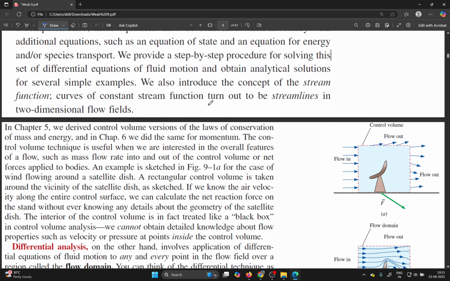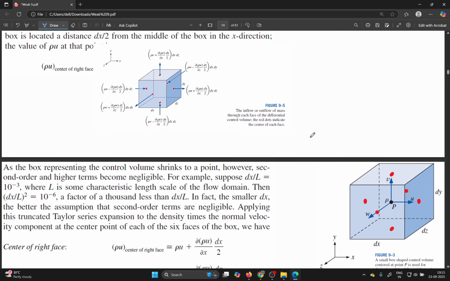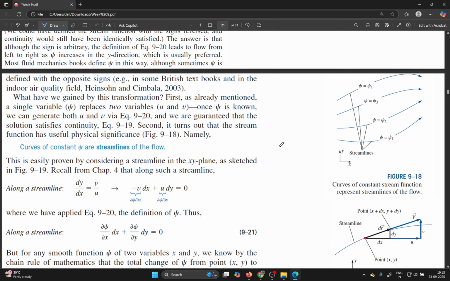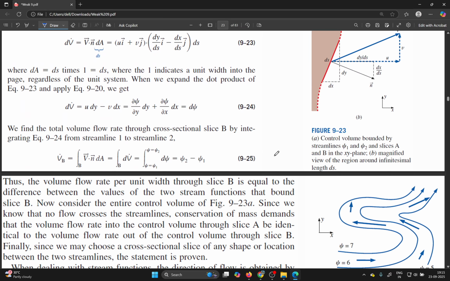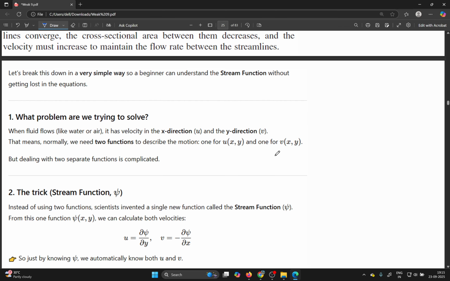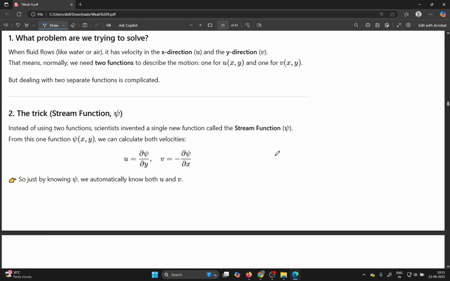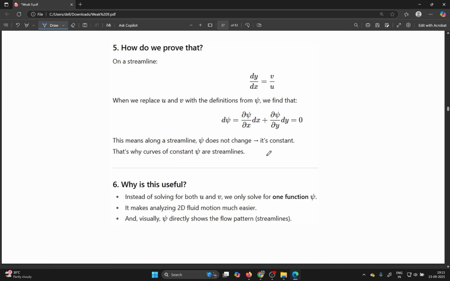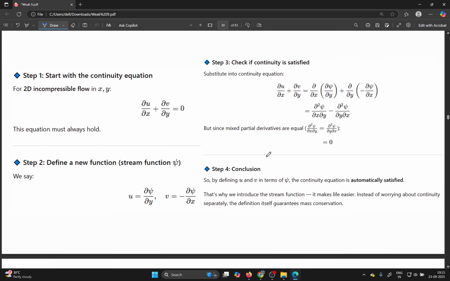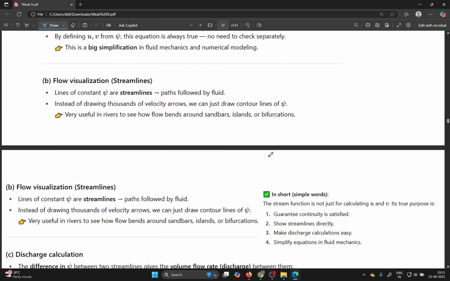So a lot of things I have put here, but we'll go direct to the question and answer, because here I will not discuss everything. These are things I have explained very well about the streamline and all.